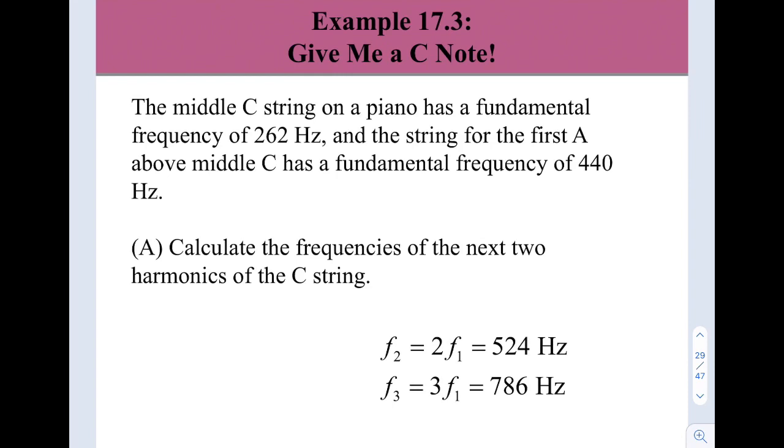Give me a C note. The middle C string on a piano has a fundamental frequency of 262 Hz, and the string for the first A above middle C has a fundamental frequency of 440 Hz. Calculate the frequencies of the next two harmonics of the C string.